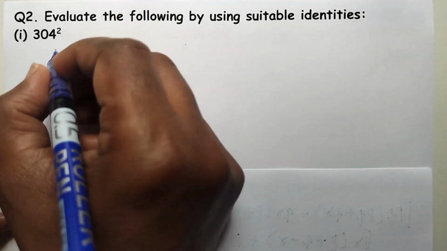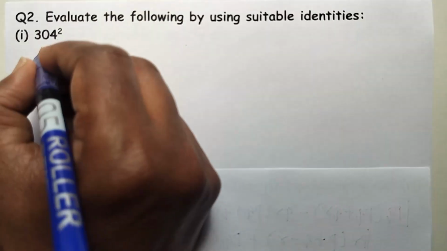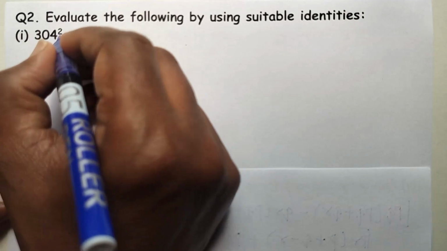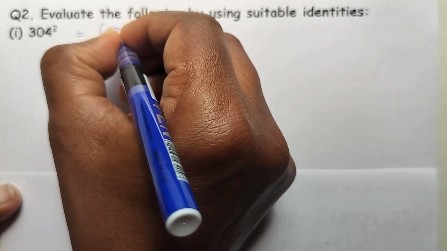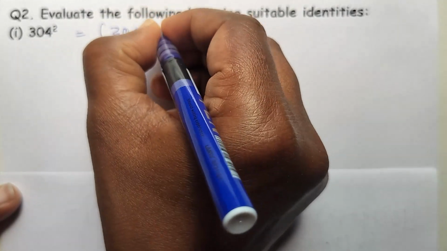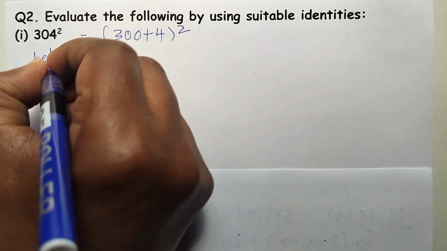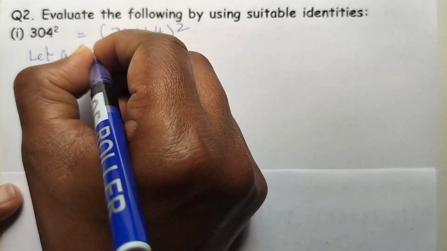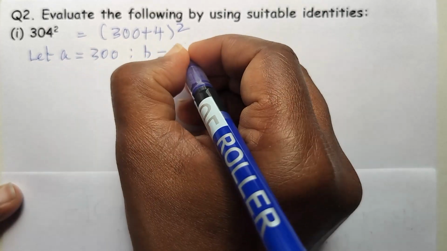Question number 2. Evaluate the following by using suitable identity. First one, 304 square. So 304 can be written as (300 plus 4) whole square here. So let A equal to 300, B equal to 4 here.